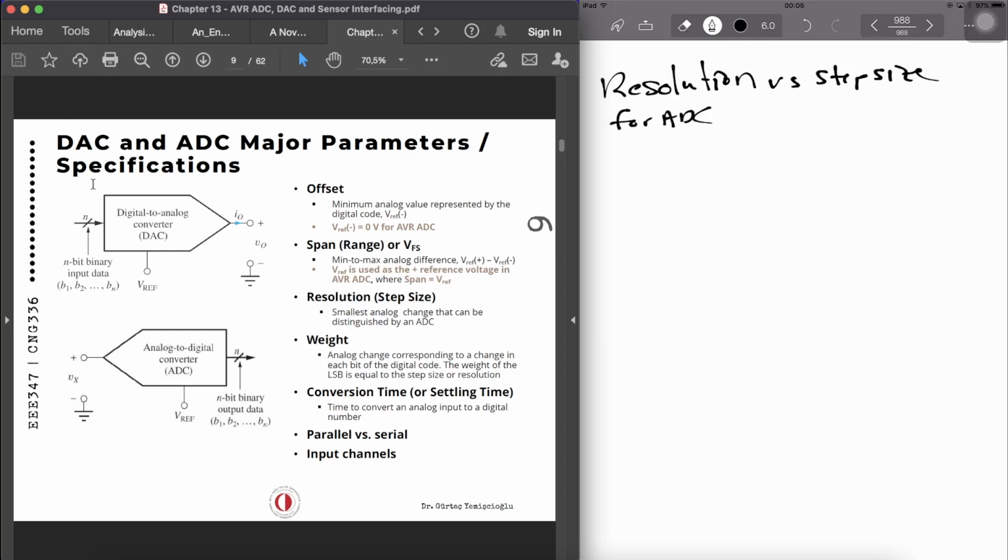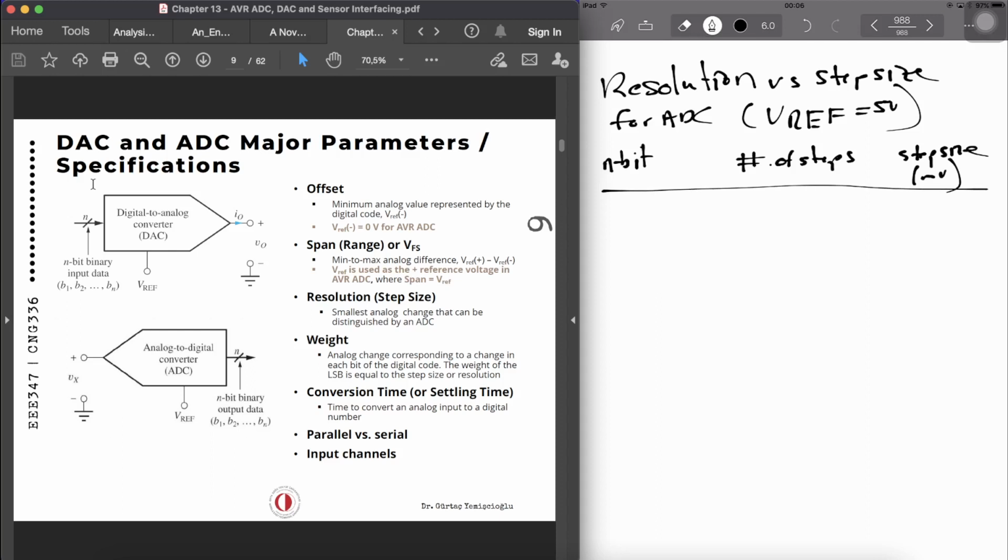Let's say the reference voltage is 5 volts. Now, n bits defines our number of bits. Then we have the number of steps, and of course the step size, which is in millivolts.